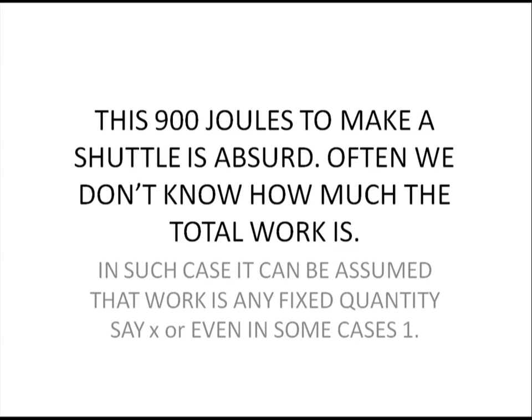So actually, it's kind of a perception. So often we assume that work done is constant if the case is the same. So we can assume work to be any quantity or any variable like x, and sometimes it's useful to just say that we do one work.